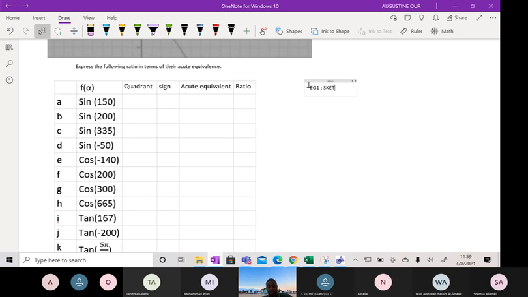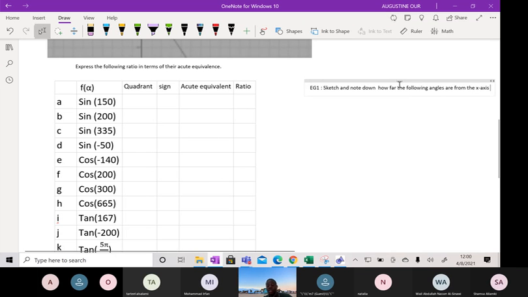Example 1 will be: sketch and note down how far the following angles are from the x-axis.